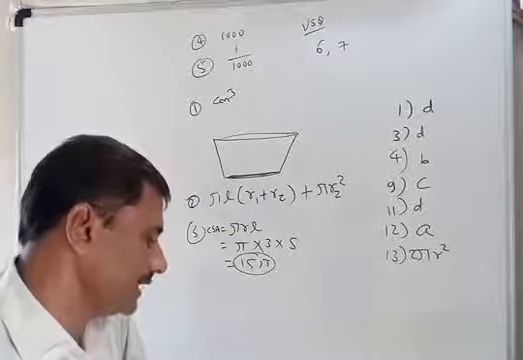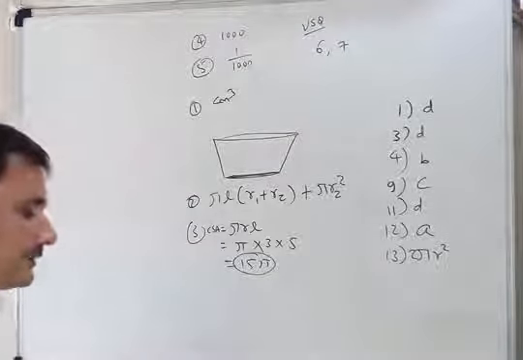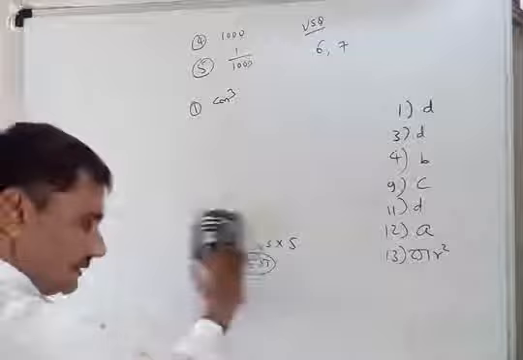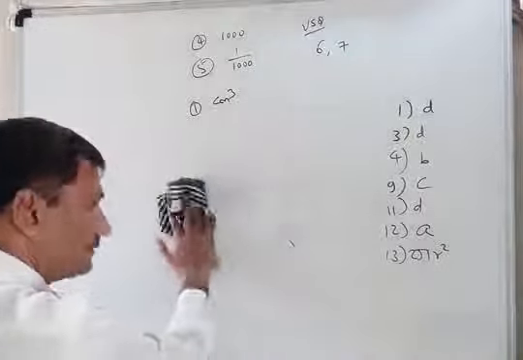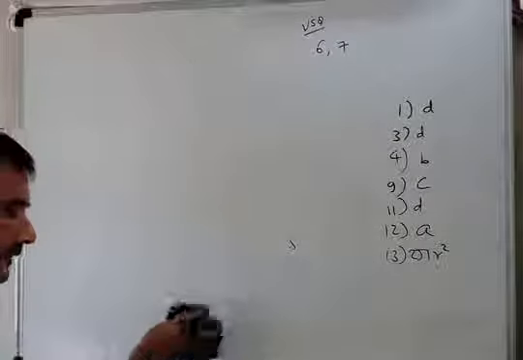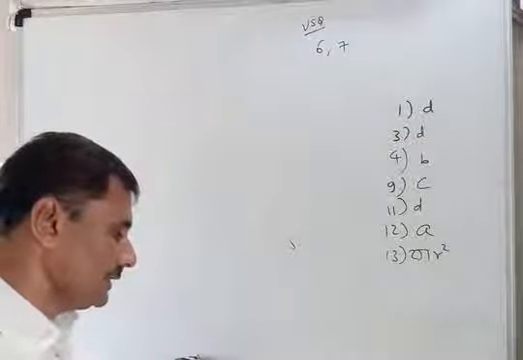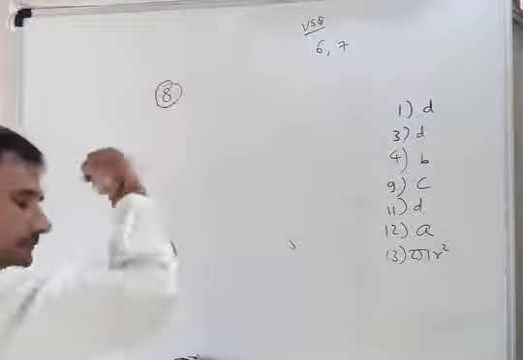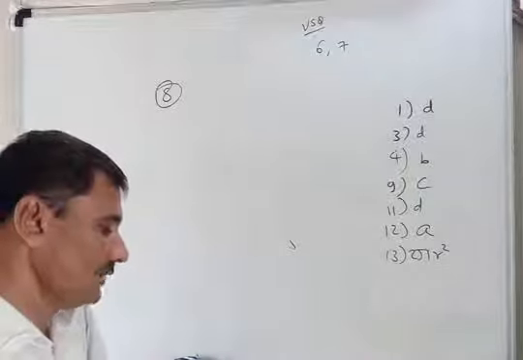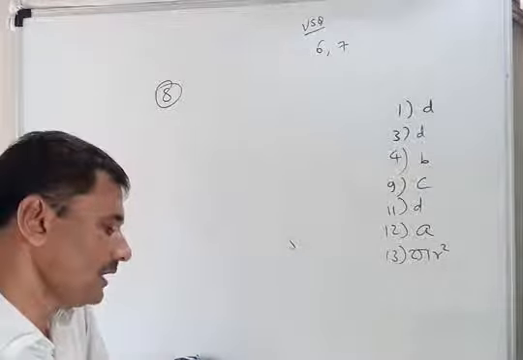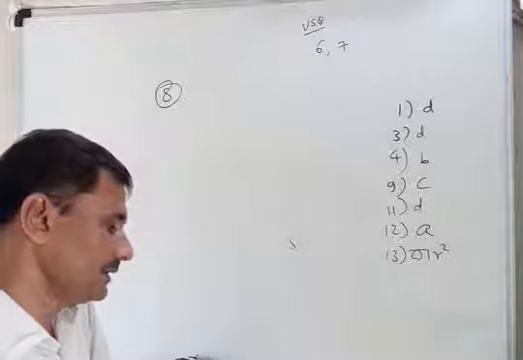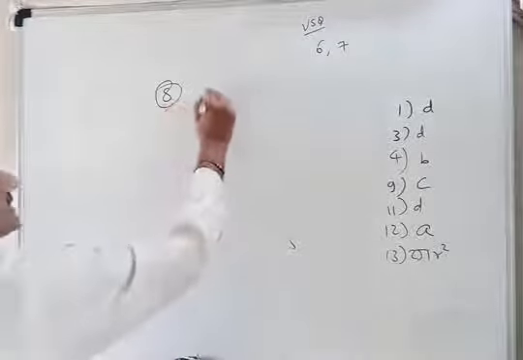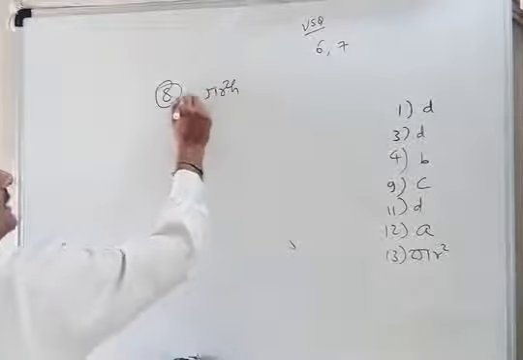Now number 8. If the area of the base of a cylinder is 20 meters square and height is 10, then find its volume. We know the cylinder's volume is pi r square h.